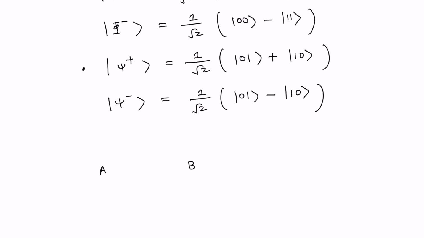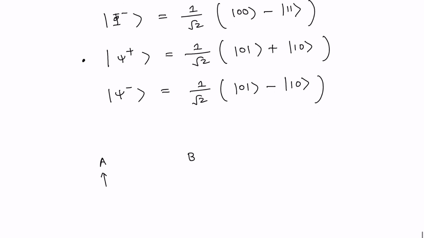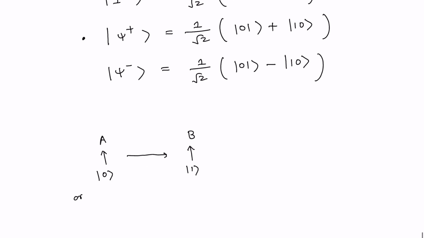If you make a measurement and find that this particular system is in ket 0, then automatically, even if you don't make a measurement, the system B is in ket 1. Or if you find that system A, because of the measurement, collapsed to the state 1, automatically system B is going to collapse to ket 0, if they are represented by this entangled state psi plus.